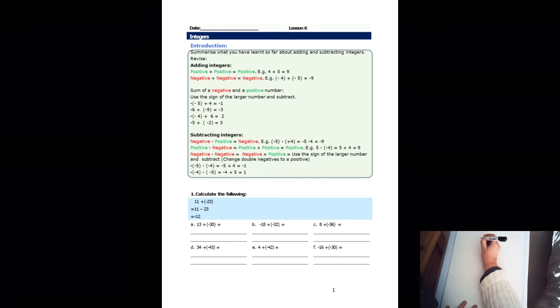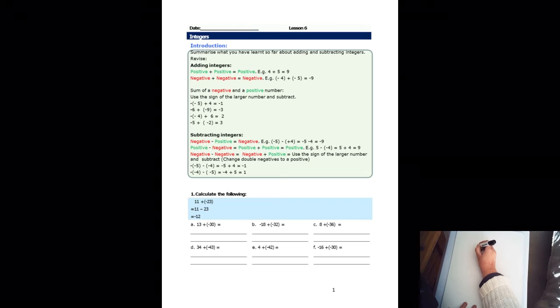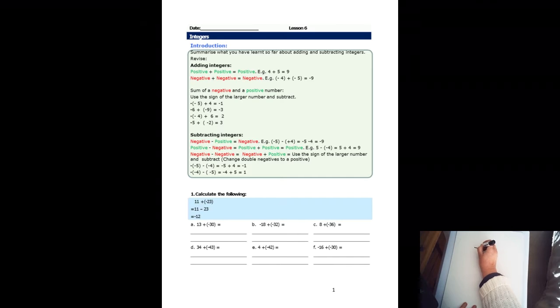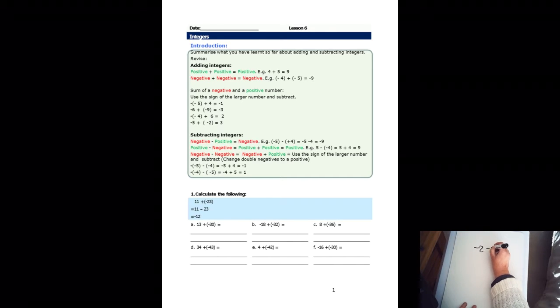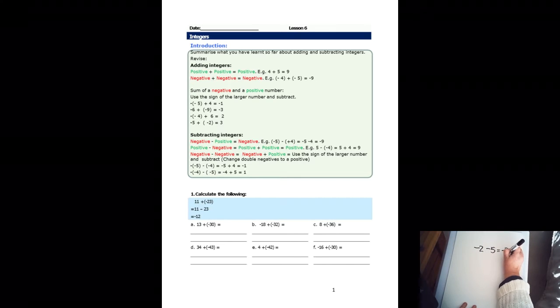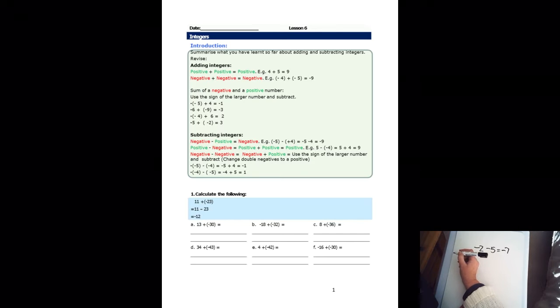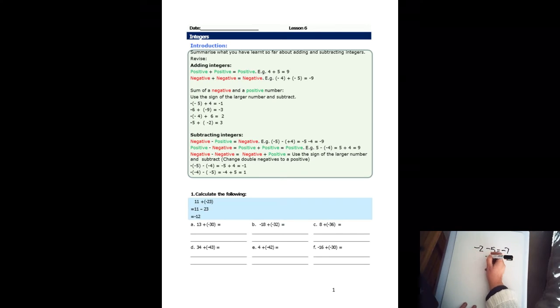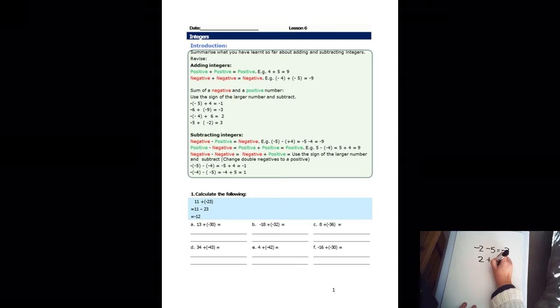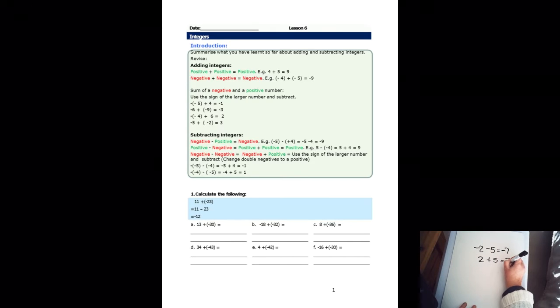So if I'm adding negative numbers, I say -2 -5, that gives me -7. Why? Because it goes deeper into the integers, the negative numbers. So if I say +2 +5, that gives me 7.